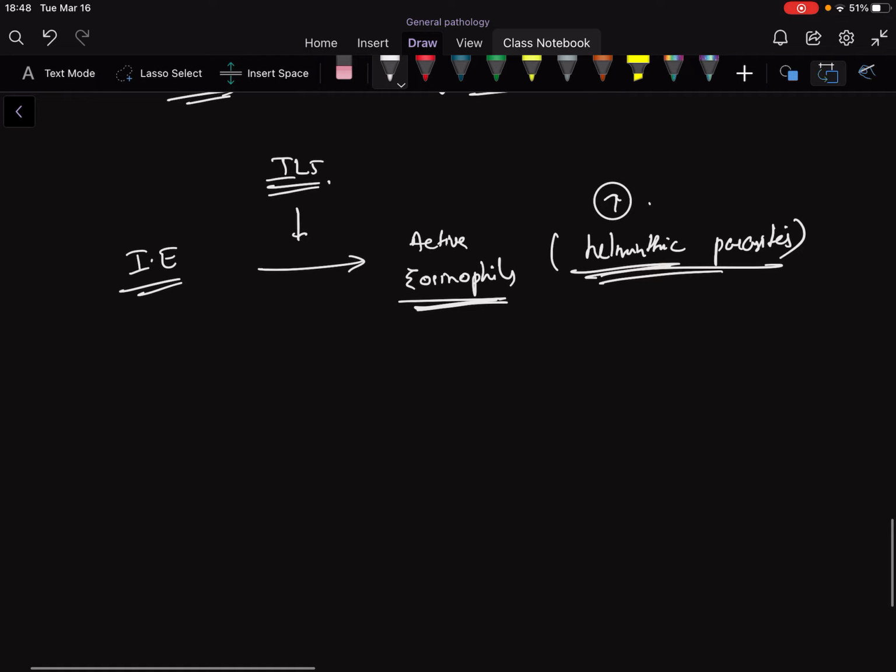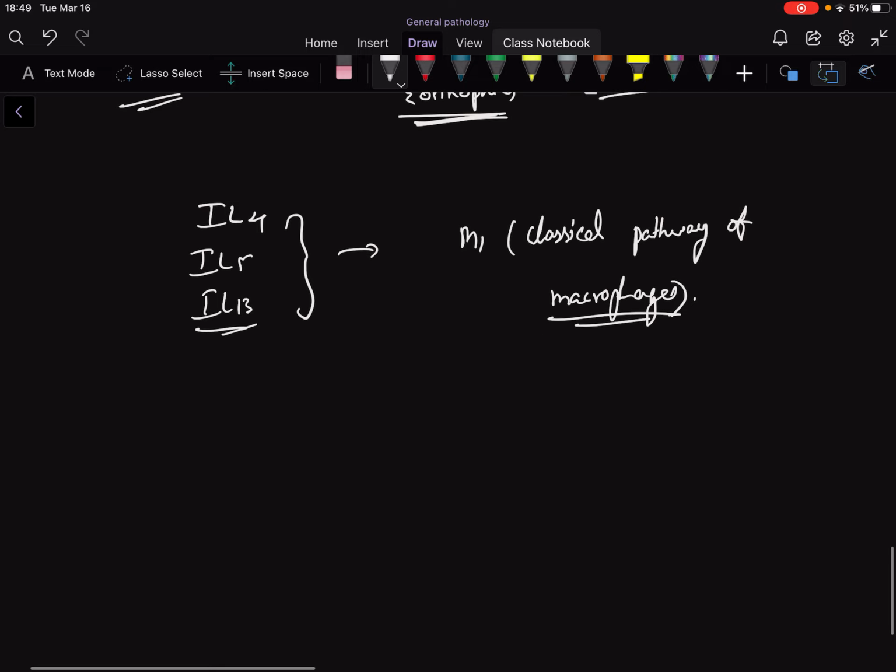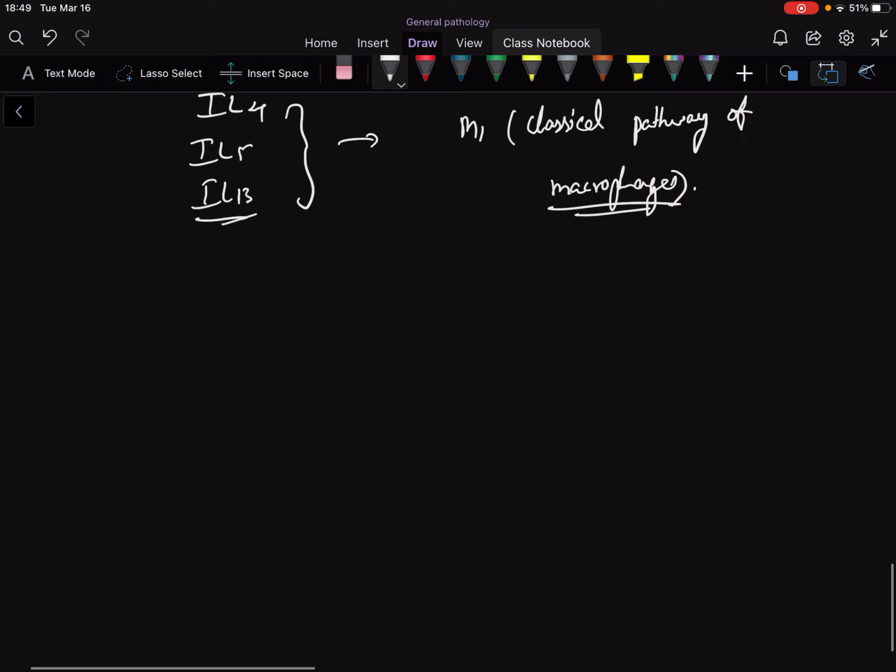And interleukin 4, interleukin 5 and interleukin 13 will activate the M1 or classical pathway of macrophages. Please watch the difference between classical versus alternative pathway of macrophages to understand the concept. So we talked about interleukin 4, 5 and 13.